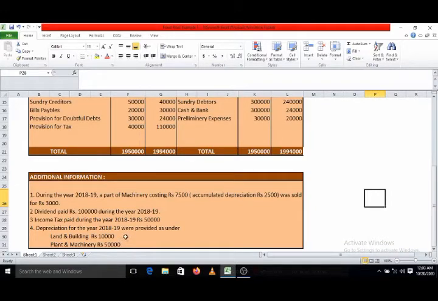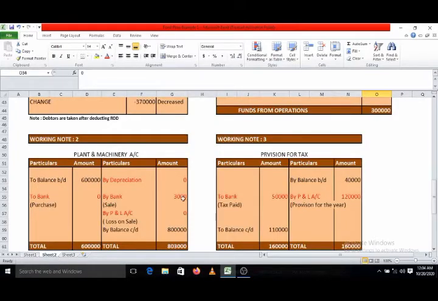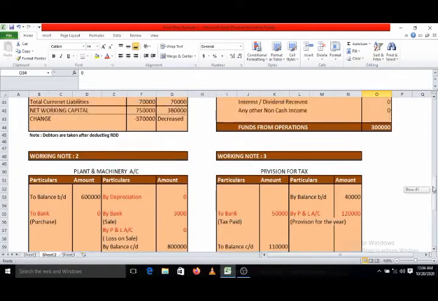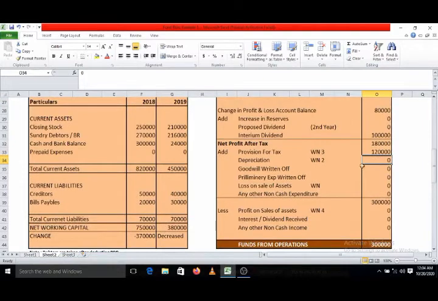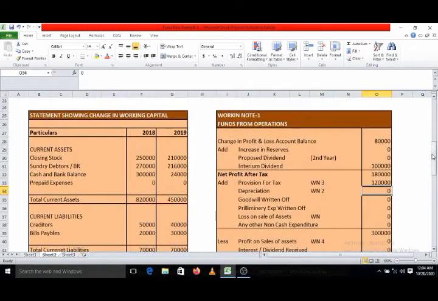Land and building 10,000, plant and machinery 50,000, means total depreciation provided rupees 60,000. It means on the profit and loss account debit side, how much total depreciation must have appeared? That is 60,000. So here in funds from operations I will write total depreciation 60,000.